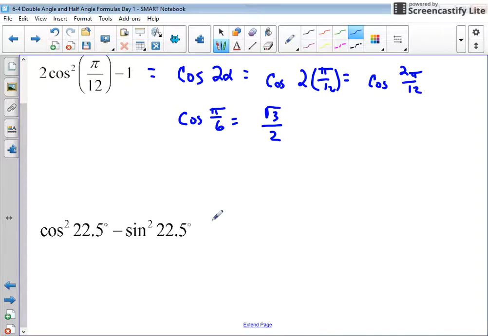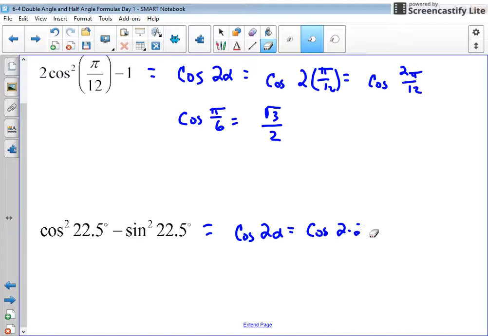With the next one down that says cosine squared minus sine squared of 22.5 degrees, well, cosine squared minus sine squared is, again, another formula for the cosine of 2 alpha, where alpha would simply be that angle that's given, so 2 times 22.5 degrees.